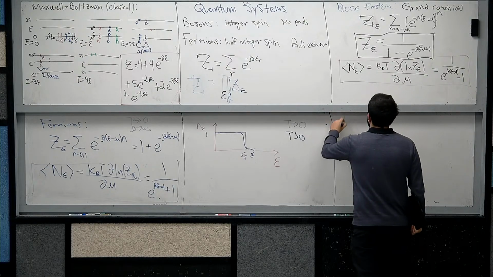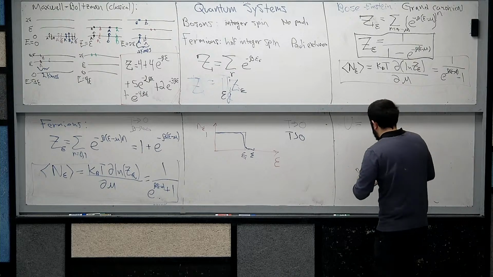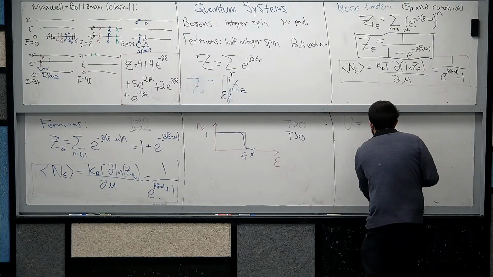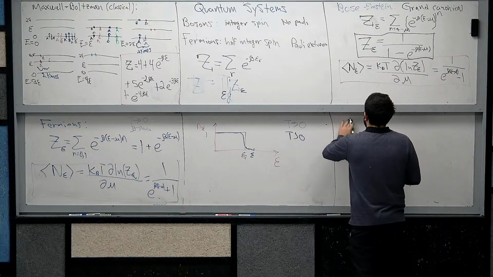We can compute the internal energy from this basic principle that this is a statistical quantity and that we know the probabilities of each of the states.